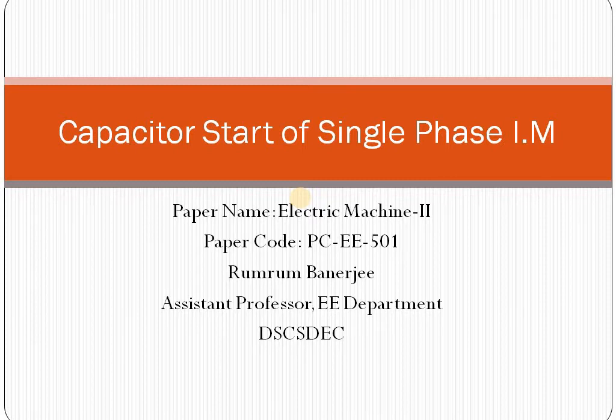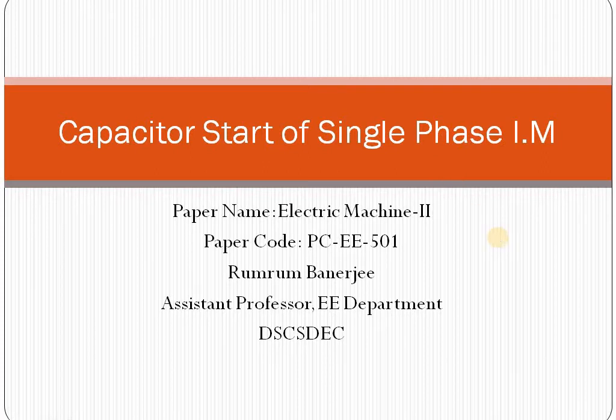But here we will see another type of motor, the permanent capacitor type motor, where we will not remove the capacitor from the supply, and throughout the time the capacitor works with the main winding. So let us start with the first one, the capacitor start and capacitor run motor.